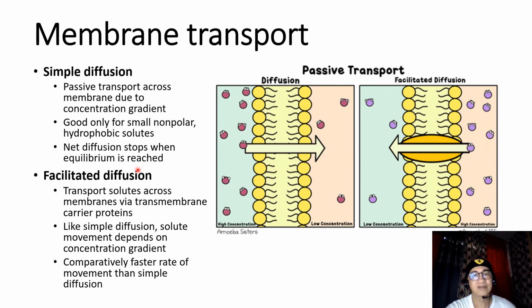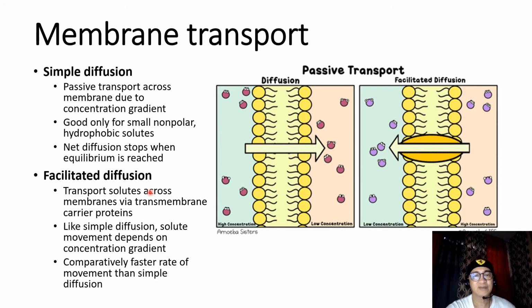Studies have shown that certain solutes, especially hydrophilic, larger solutes, can move across the membranes at a faster rate than what can be accounted for by simple diffusion. And this has been known as facilitated diffusion. Facilitated diffusion is similar to simple diffusion because the movement of the solutes is along the concentration gradient and is driven by the kinetic energy of the solutes.